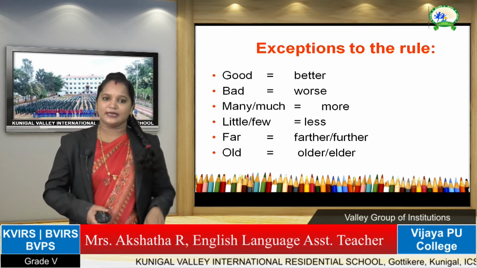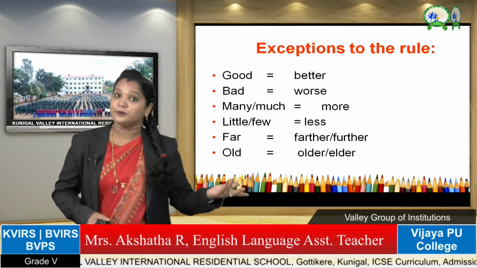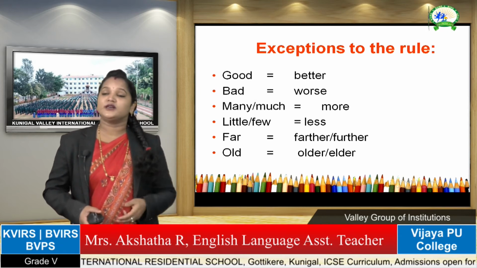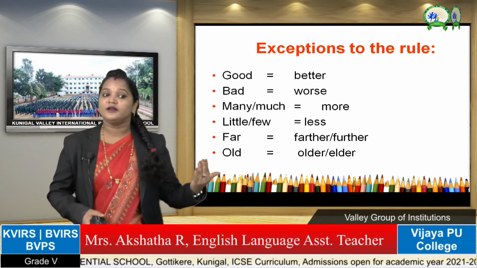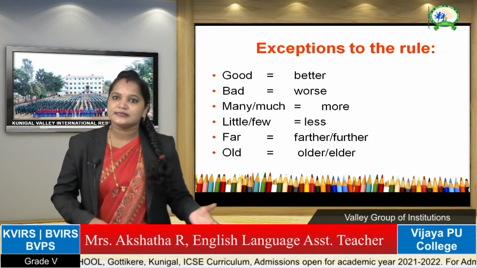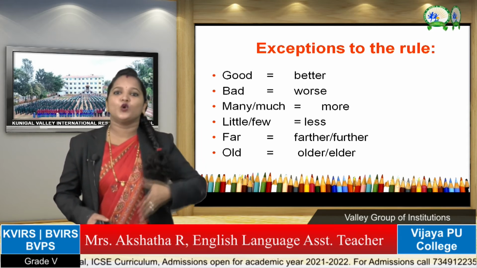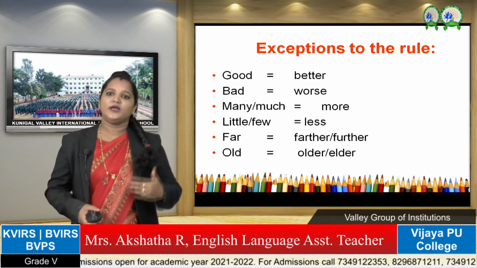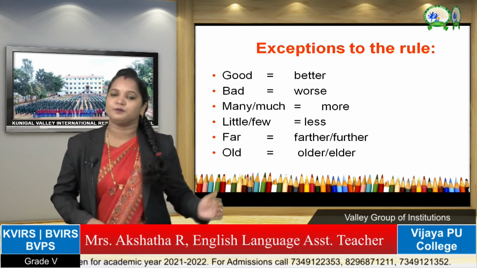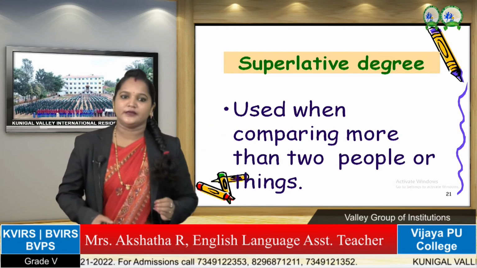But in some exceptional cases, the word will change. Good becomes better, bad becomes worse, many or much becomes more, little or few becomes less, far becomes farther, old becomes older or elder. In some exceptional cases, we change the word completely. This is about the comparative degree.